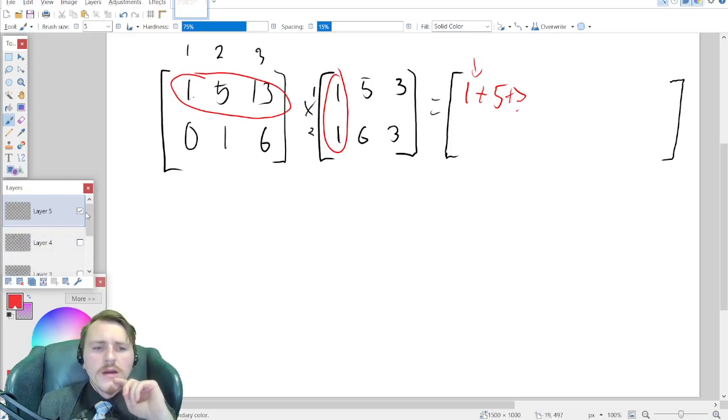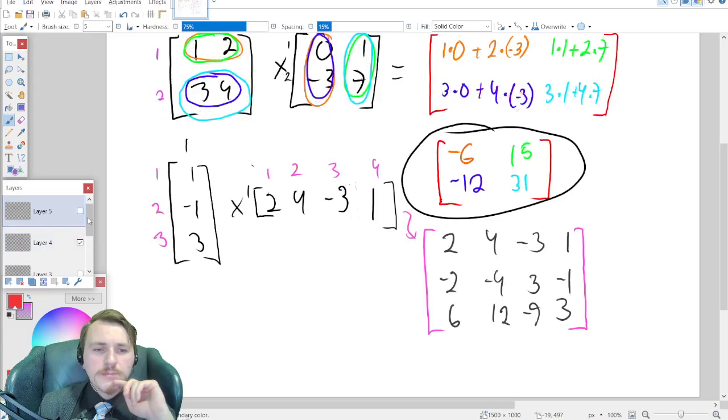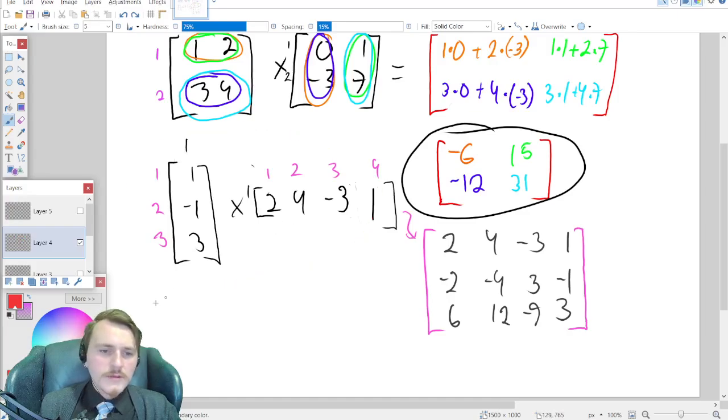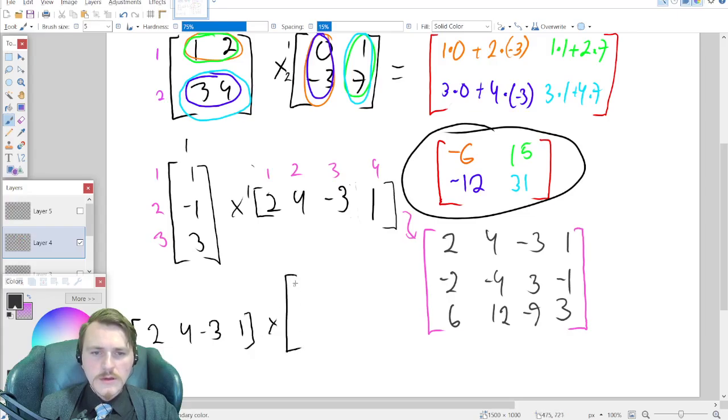What I'm going to do is go back to this page. Remember the one we solved right here? What if I switch it around? What if instead I tried to solve for 2, 4, -3, 1 times 1, -1, 3?